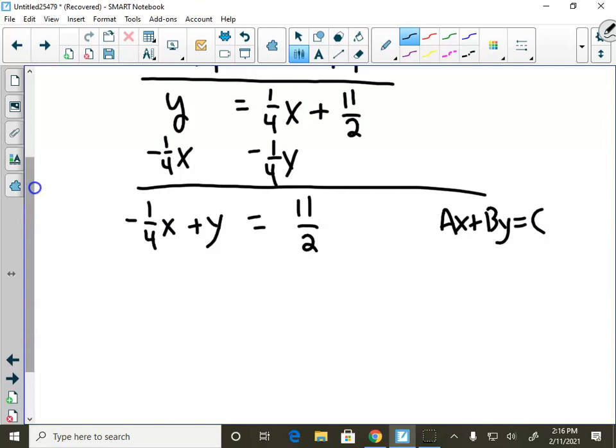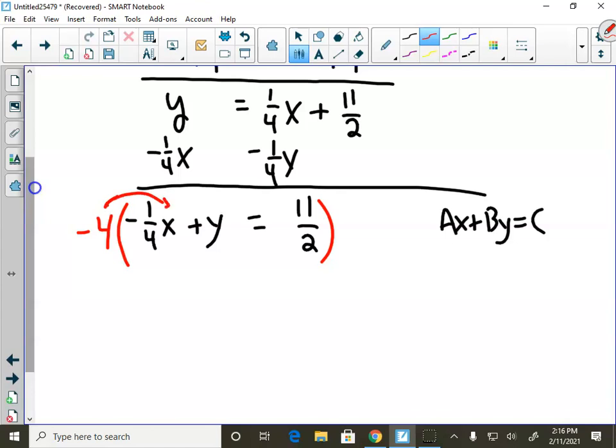But we also have a fraction that we have to fix. So rather than doing this in 2 steps, we're going to fix them both at one time. Because our common denominator, if you look, would be 4. And we also have a negative we have to get rid of. So we're going to distribute a negative 4. Because that'll fix the fraction and it'll fix the negative in 1 step.